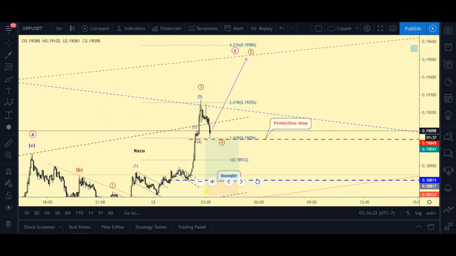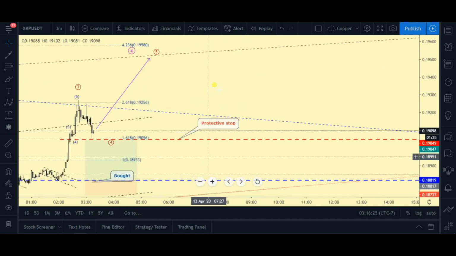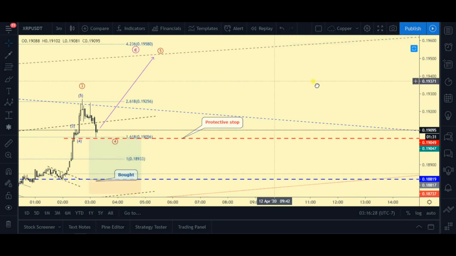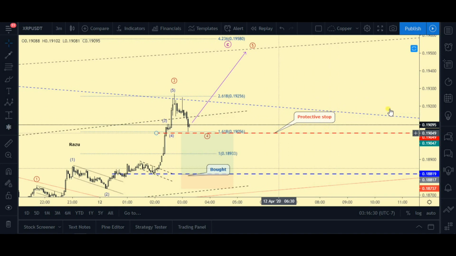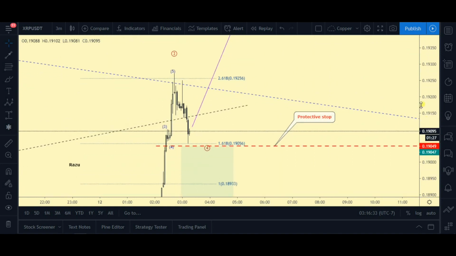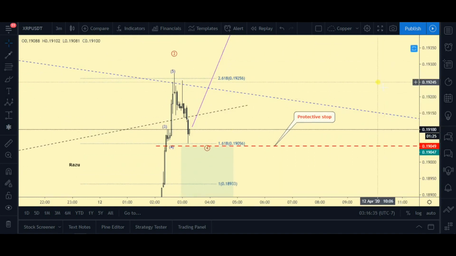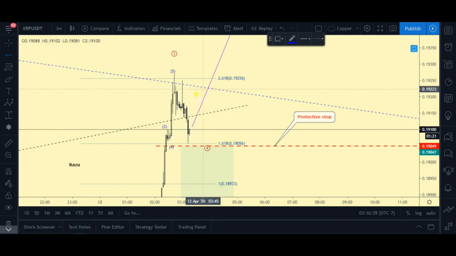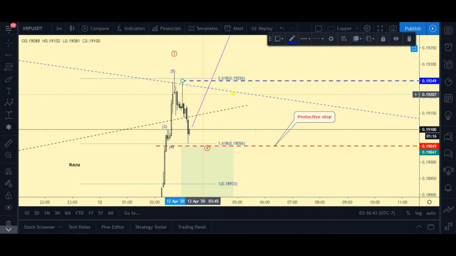But for that I need a little bit of confirmation, and I'm waiting for the price to move up. That confirmation will come accordingly if the price is able to break this high right here.